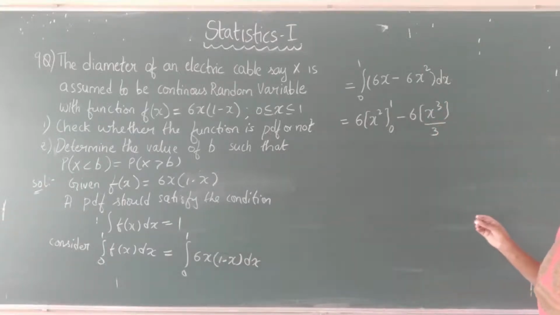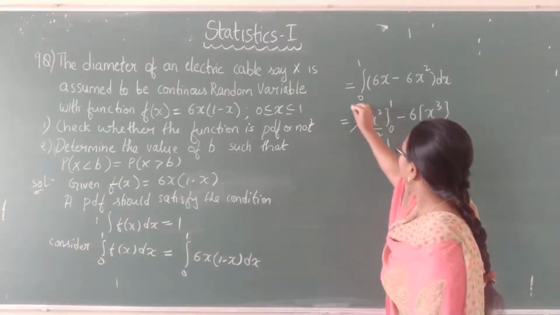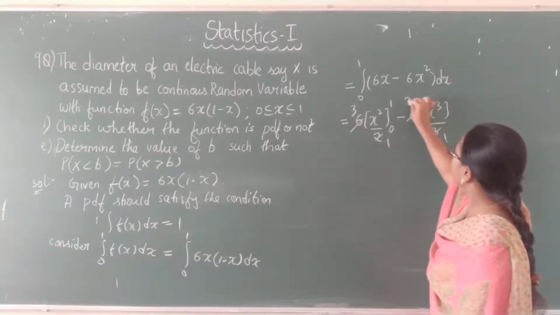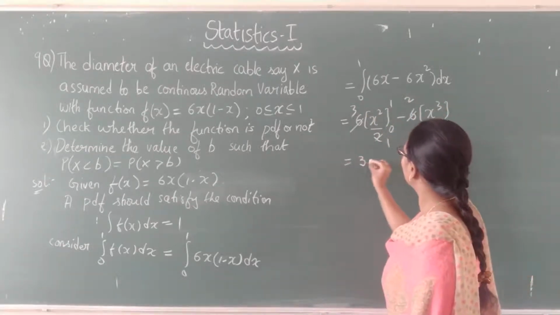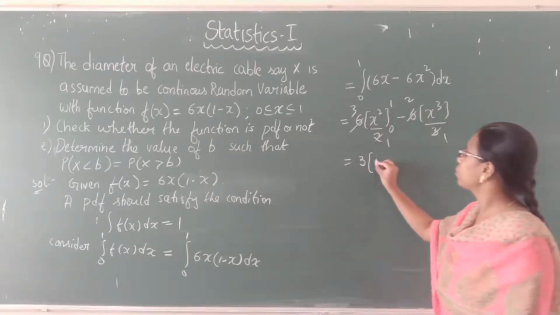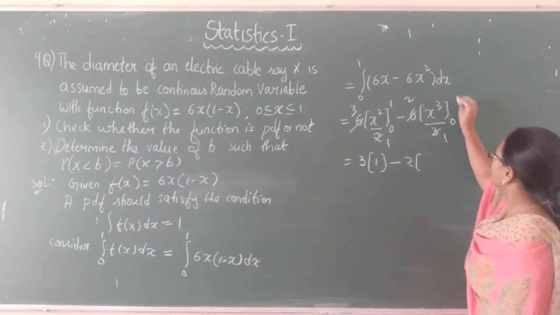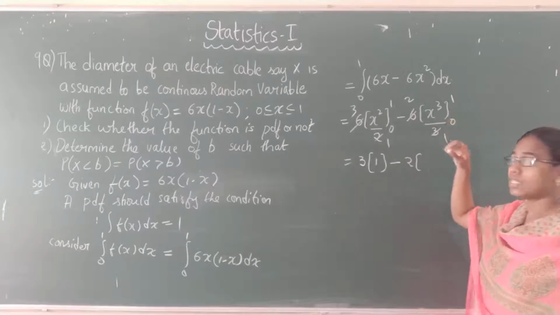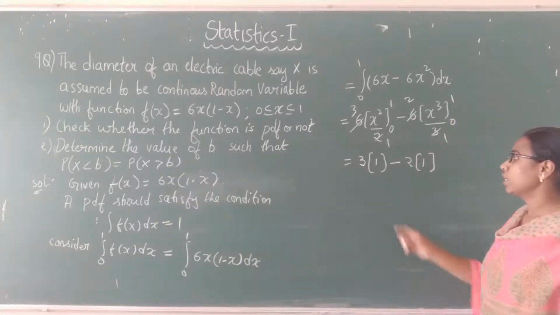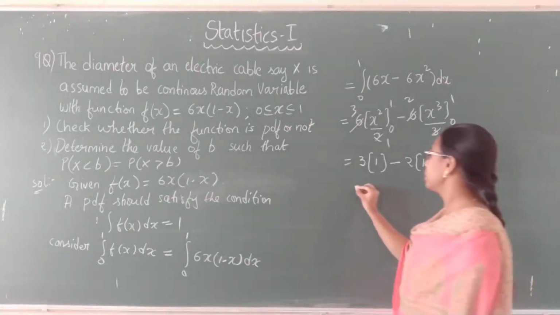Now substitute the limits. 2 twos are 2, 3 threes are 3, which is equal to 3 into the upper limit 1 square is 1, 1 minus 0 is 1, so 3 into 1, minus 2 into, here also the limits are 0 to 1, so 1 minus 0 is again 1, so 2 into 1. 3 into 1 is 3 minus 2 into 1 is 2. 3 minus 2 is 1.